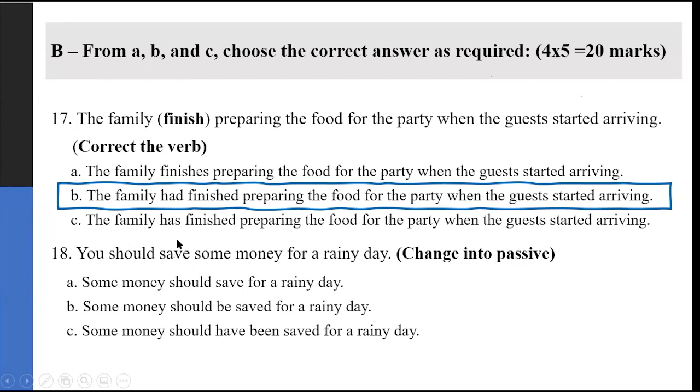Save is my main verb الفعل and some money this is the object. وإحنا قلنا بالpassive دائما نبدي بالobject وعلى طول بعد الobject المودal verb وقلنا إنه نحط معه be. Okay, not have and we don't add a been. نلاحظ إن هذه it's very wrong because you have should have been saved. No, you should only put the modal verb and after it be. Okay, and you change the main verb save, it's present, you have to change it to the past so it becomes saved.